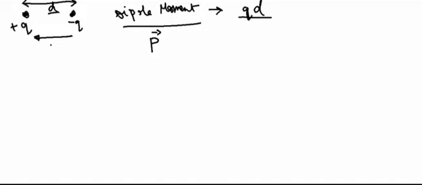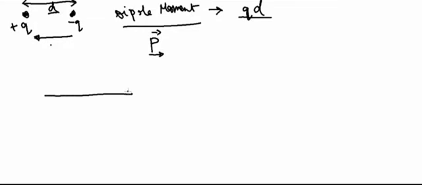So why is this term known as dipole moment? It is called dipole moment because whenever a dipole is kept in an electric field, it experiences a moment, and that moment is directly proportional to this term p, which is qd. Let us study how and why.